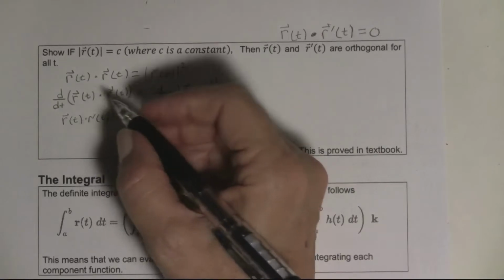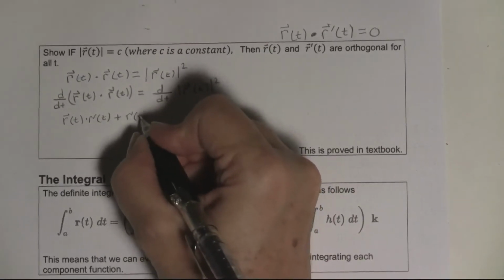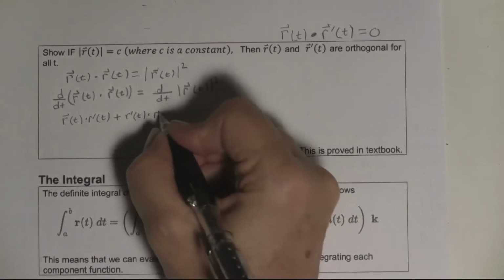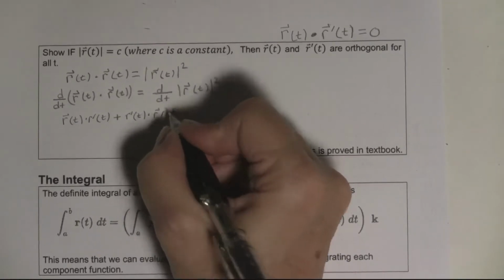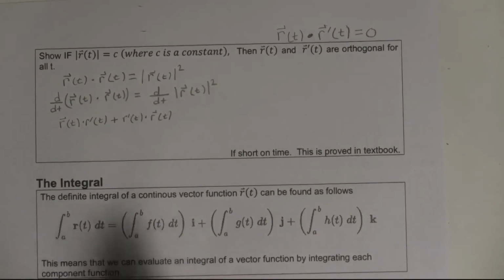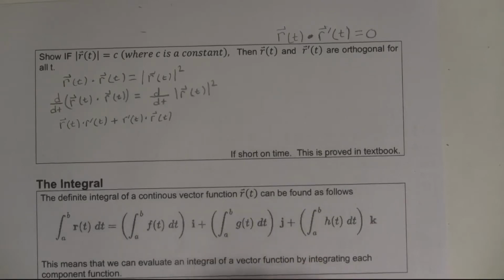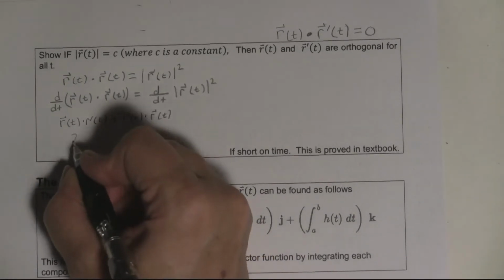You're going to notice that here you get two things that are exactly the same, because remember, the dot product is commutative, and so there are two of these.